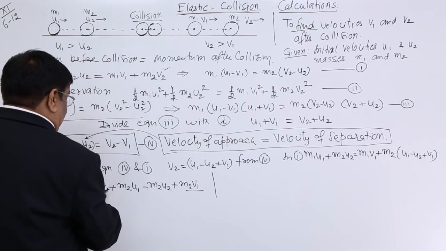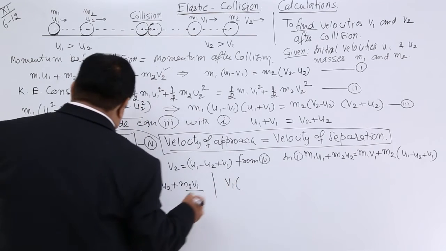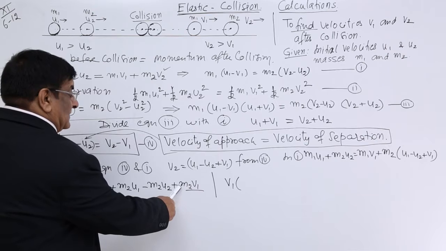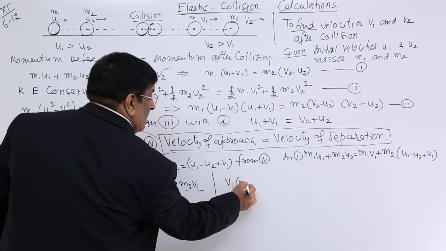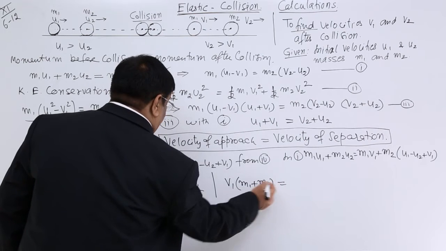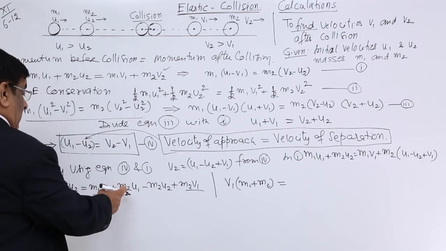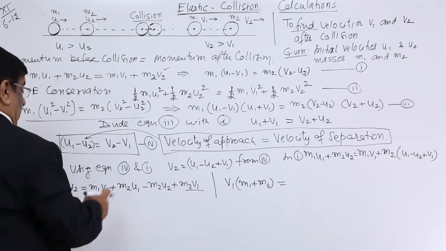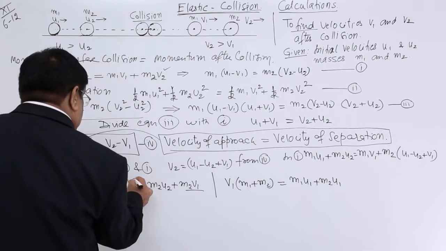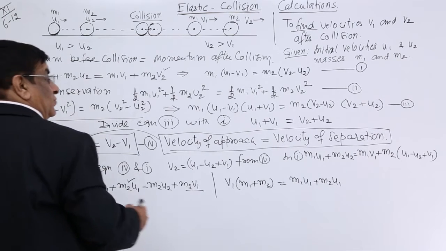This is m1 v1 plus m2 v1. Take out common v1, and what we get here, m1 plus m2. This is equal to, here, m1 u1 plus m2 u1, then m2 u2 plus m2 u2.